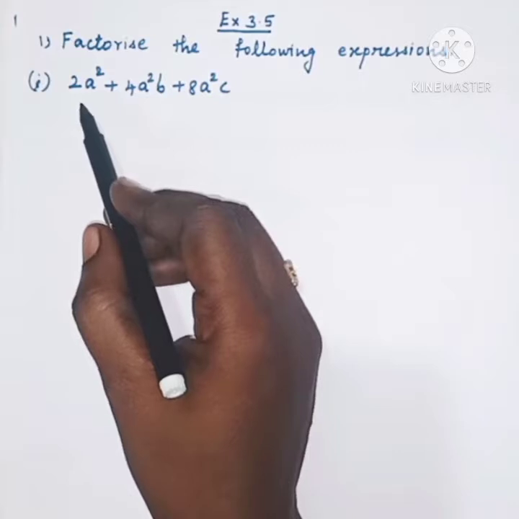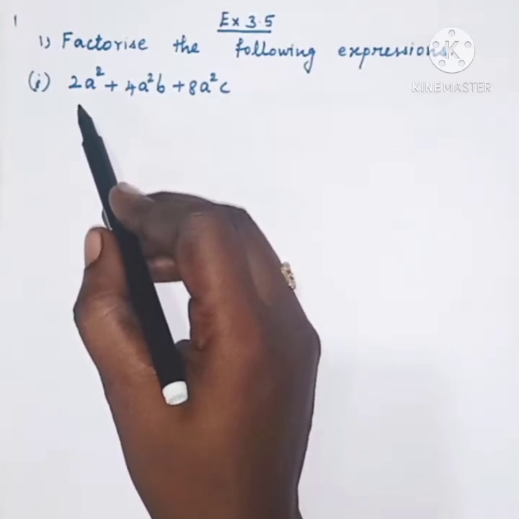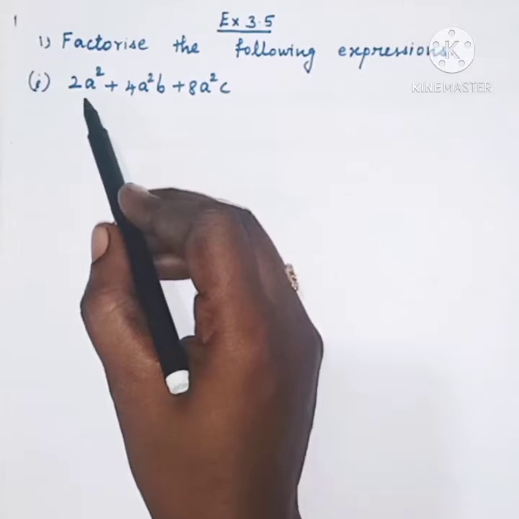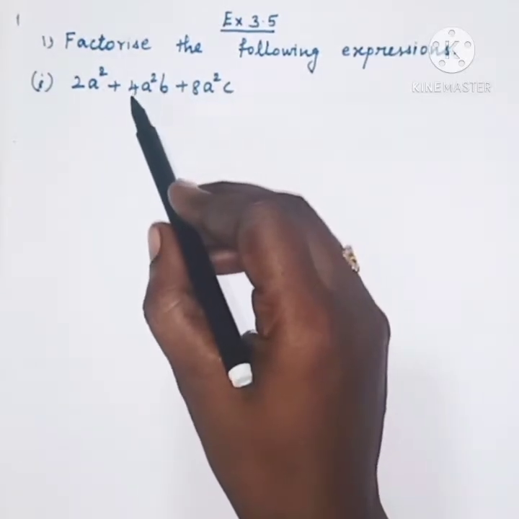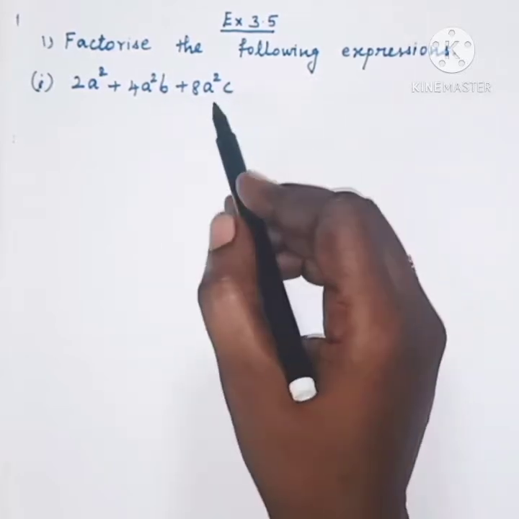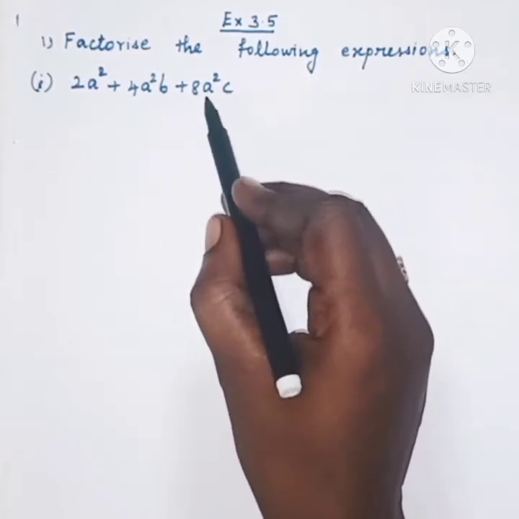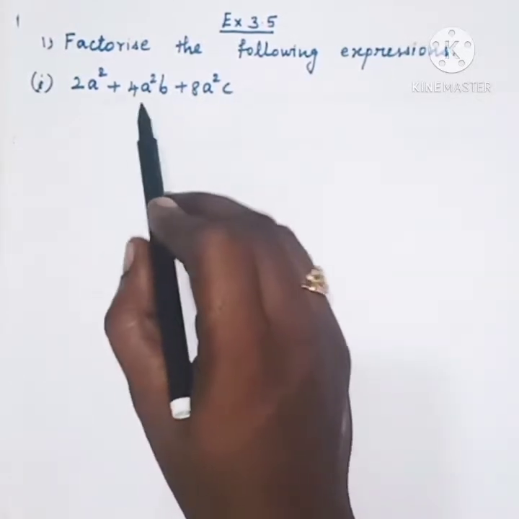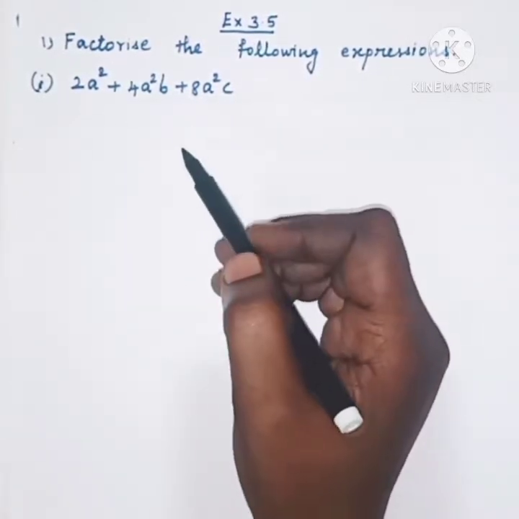There are 3 terms in this expression. What are the terms? 2a square is one term, the second term is 4a square b, and the third term is 8a square c. So we have 3 terms in this expression.